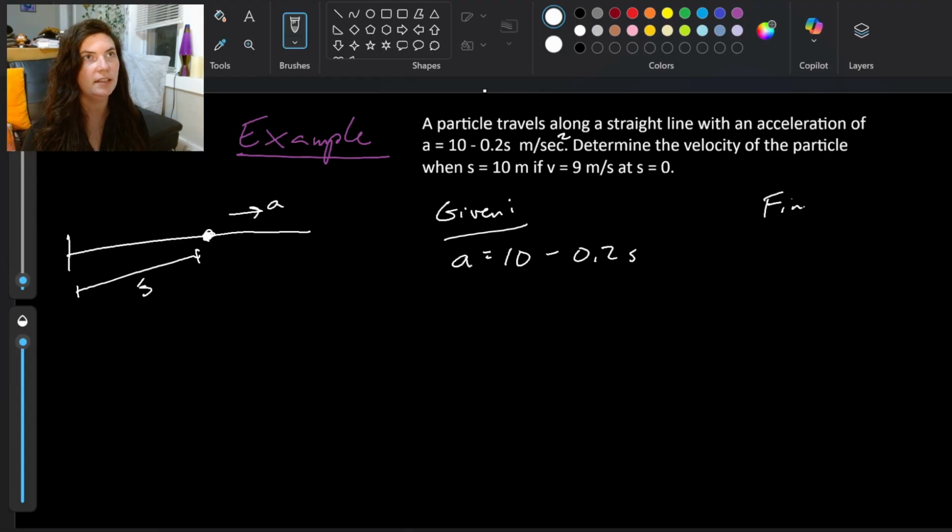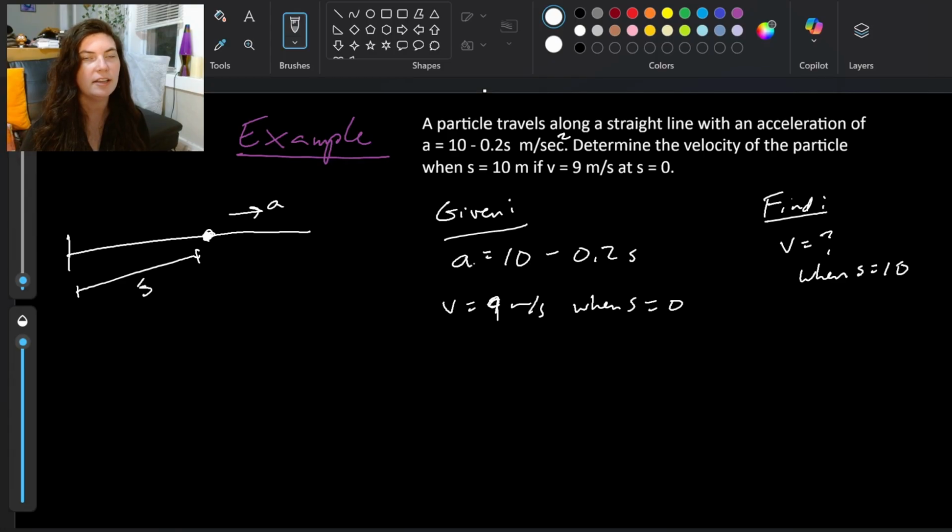And we want to find the velocity, so find v when s equals 10. We're also given an initial condition here that says velocity is 9 meters per second when s is 0. And all of those s's are position s's, right? These seconds for time, I'm going to leave those as seconds. And these s's are all positions. They're all distances.